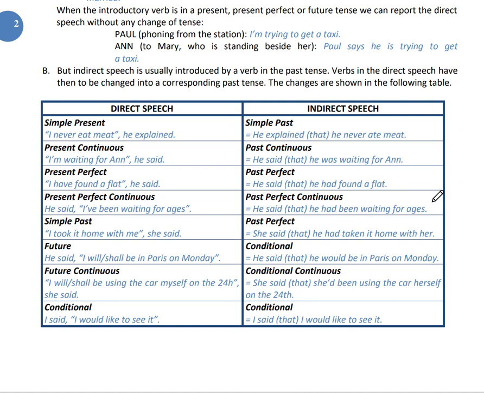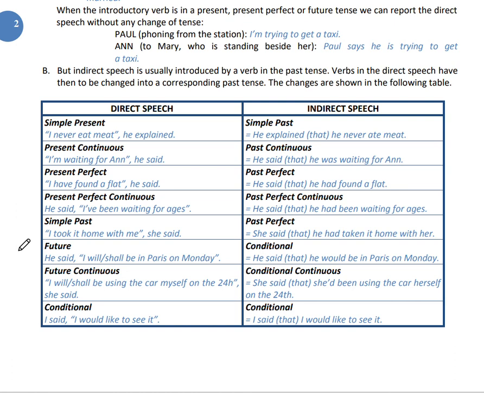This is past perfect. It becomes next future in indirect speech. He said, "I will be in Paris on Monday." The conditional is: he said that he would be in Paris on Monday. Next, future continuous in direct speech: "I will be using the car myself on the 24th," she said.